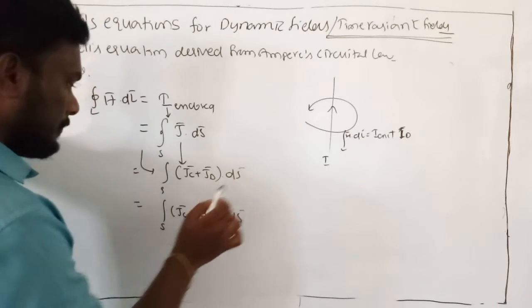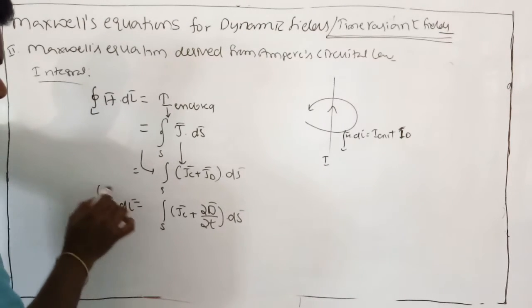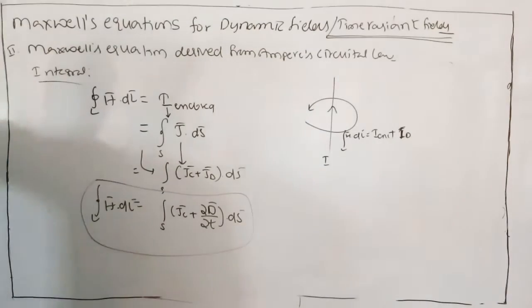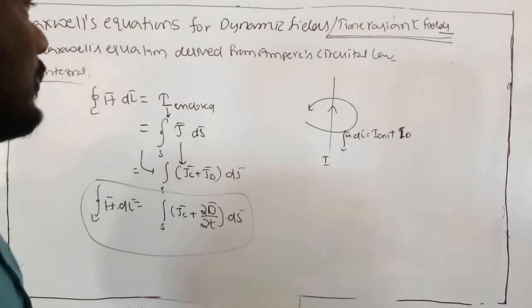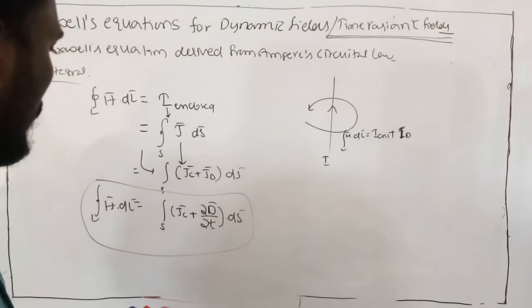So the line integration of H bar dot dl bar is equal to the surface integration of this. This is your integral form of Ampere circuital law for time variant fields.